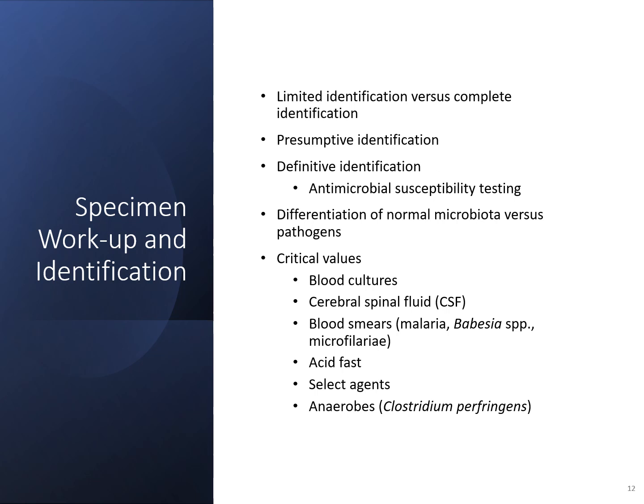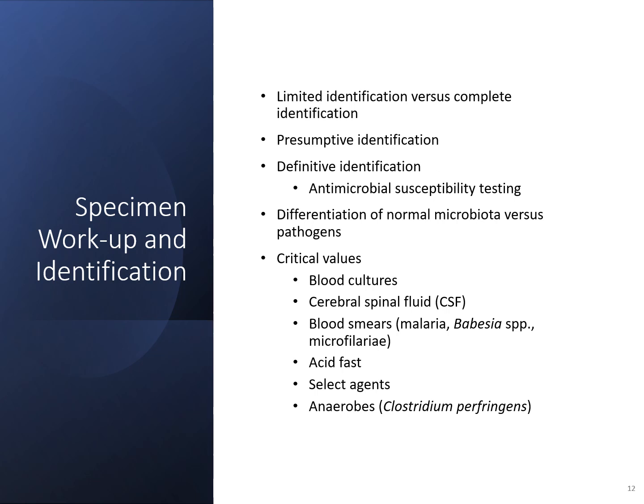With a definitive identification, you're also including the antimicrobial susceptibility testing. Typically this may be something that's going to be put on an analyzer, so not only does it have all the biochemical tests, it also has the antimicrobial sensitivity testing as well. You will also need to be able to differentiate normal flora versus a pathogen.